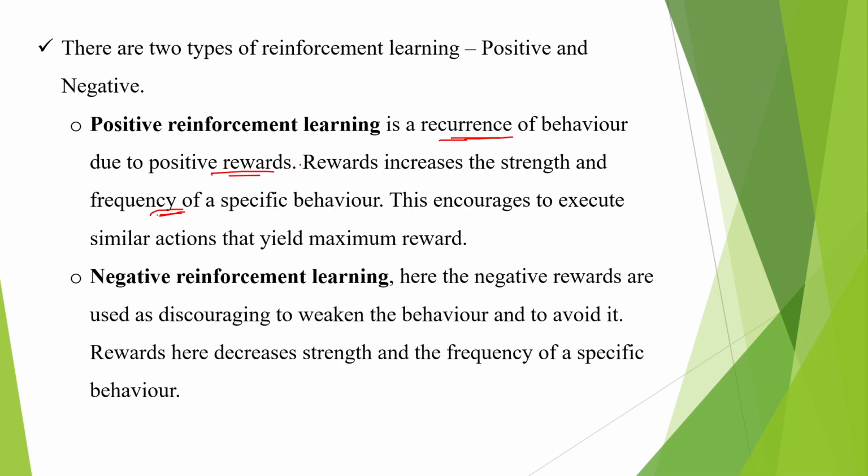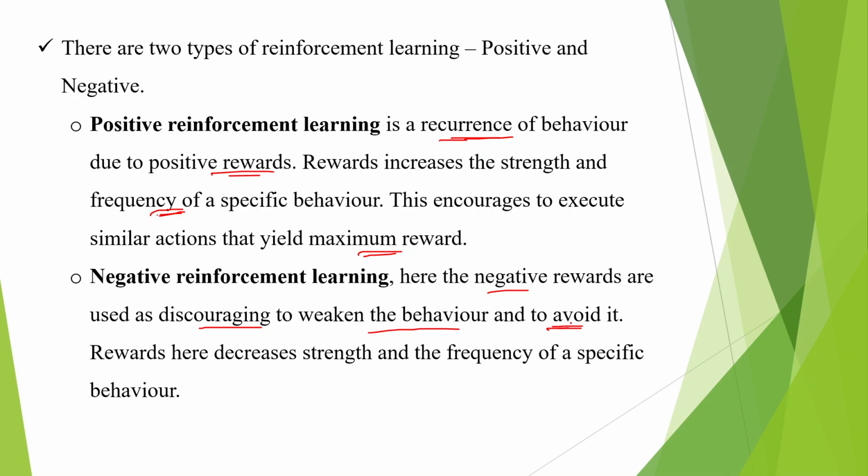We repeat the behavior of gaining positive rewards in the future, and we strengthen such a frequency. Hopefully it is clear. So this encourages executing similar actions that yield maximum rewards. Now negative reinforcement learning: here the negative rewards are used as discouragement to weaken the behavior and to avoid it.